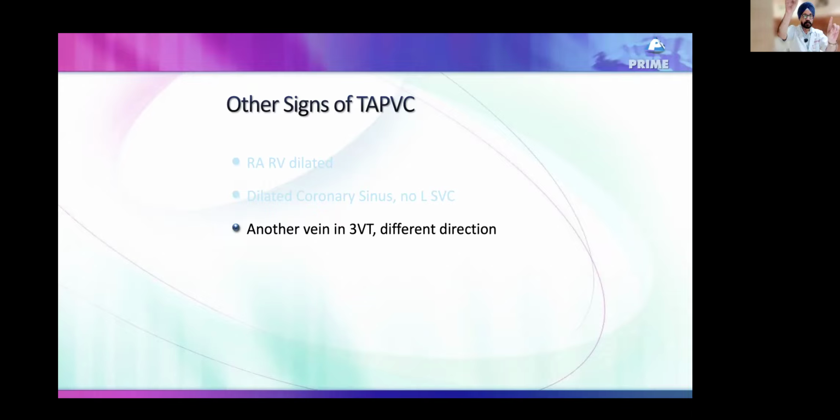In the superior vena cava, blood goes in one direction toward the heart, and this goes away from the heart. In adult cardiology, we know once you are doing a suprasternal view, any venous blood flow going away from the heart is TAPVC. So venous blood cannot go away from the heart. It's supposed to go to the heart.